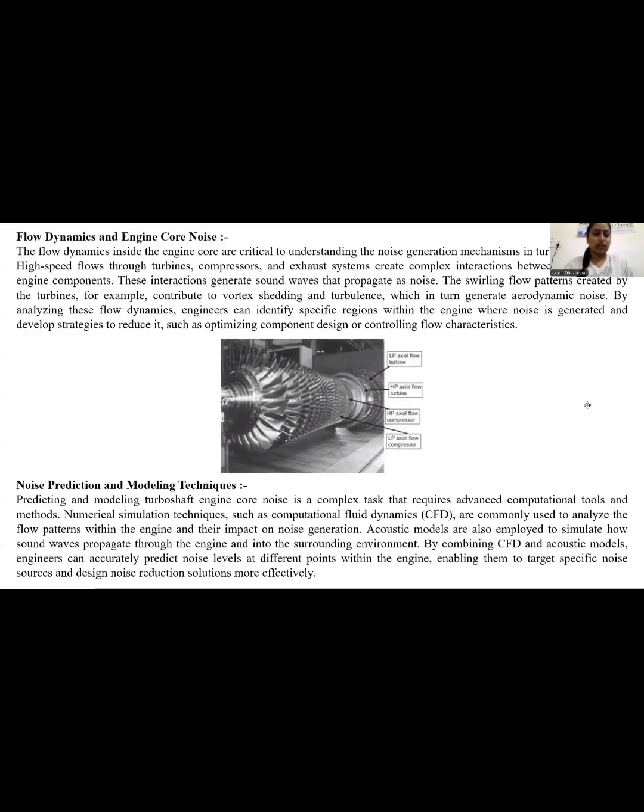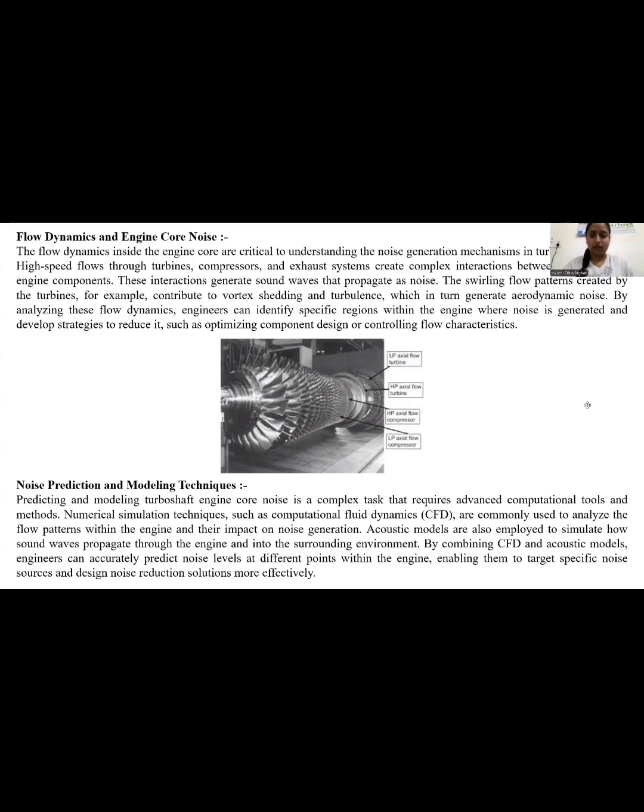Noise prediction and modeling techniques. Predicting and modeling turboshaft engine core noise is a complex task that requires advanced computational tools and methods. Numerical simulation techniques such as computational fluid dynamics (CFD) are commonly used to analyze the flow pattern within the engine and their impact on noise generation.